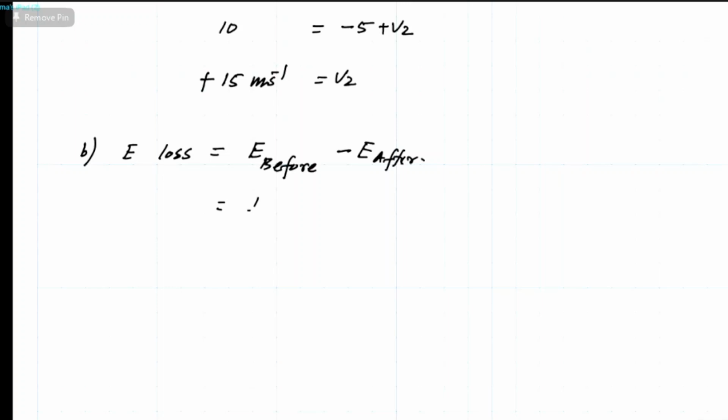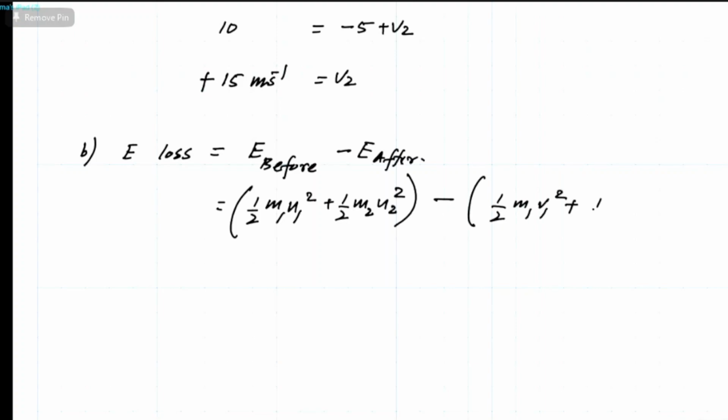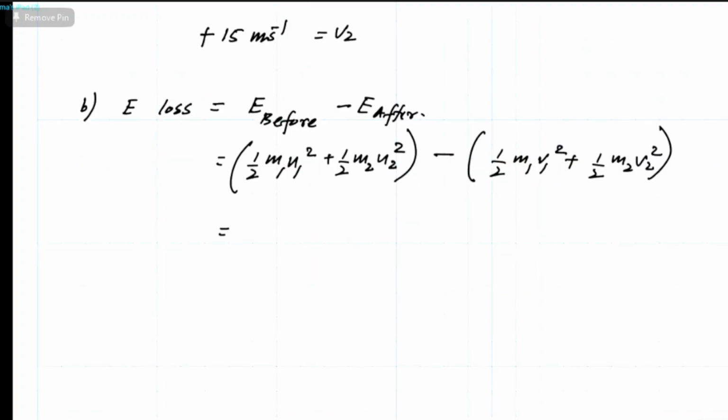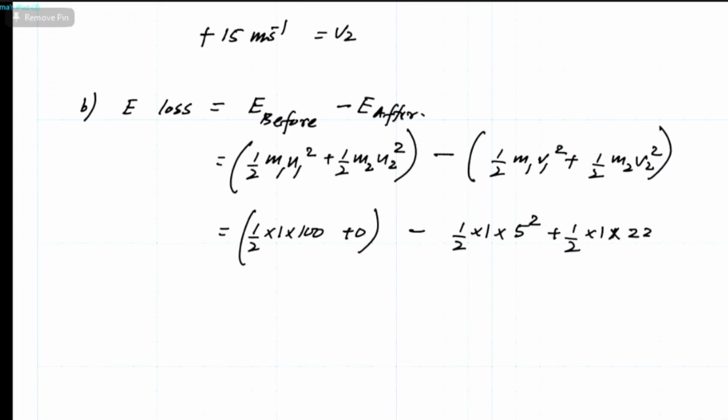So it's going to be half m1 u1 squared plus half m2 u2 squared minus, this is before, after: half m1 v1 squared plus half m2 v2 squared. So u1 is given as 10, right? So it's going to be half times 1 times 100. This is 0, minus half times 1 times v1 is 5, it's going to be 5 squared, right? The other one is 15, right? So plus half times 1 times 15 squared.